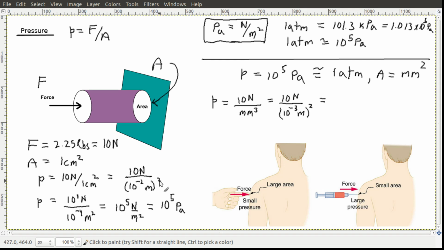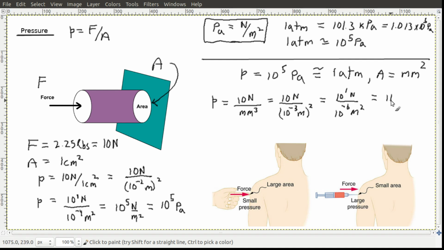So the square hits everything inside the bracket, right? It hit the 10 to the minus 3, becoming a minus 6, and it hits the meter, becoming meters squared. So what's the rule with exponents? They multiply. So that's going to be 10 newtons over 10 to the minus 6 meters squared.